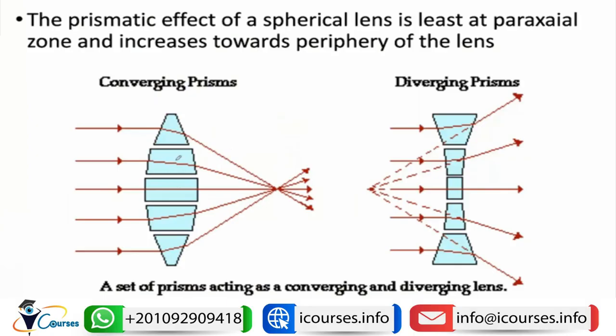So the deviation is least at the paraxial rays, and as we go toward the periphery, the deviation will be more. As you can see here, as we go toward the periphery, the lens will deviate the light rays more due to the prismatic effect.